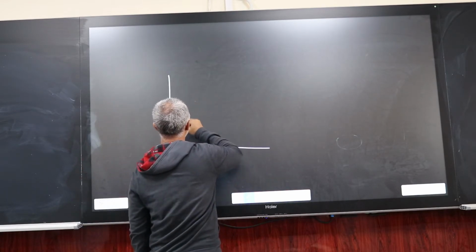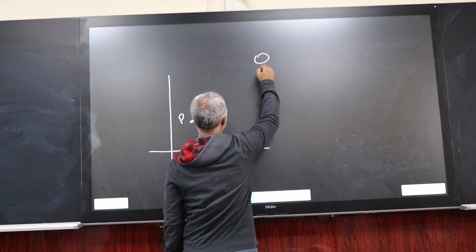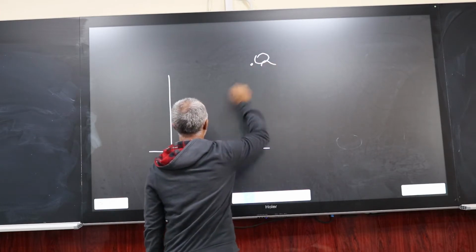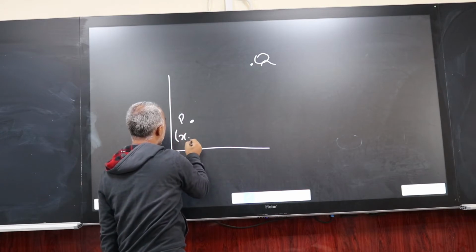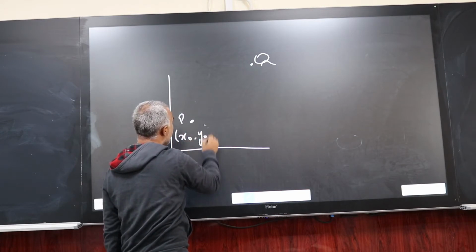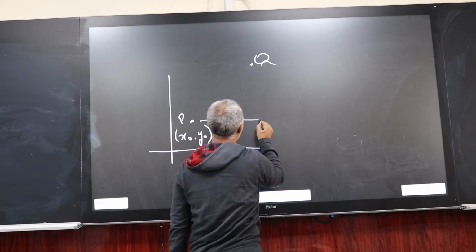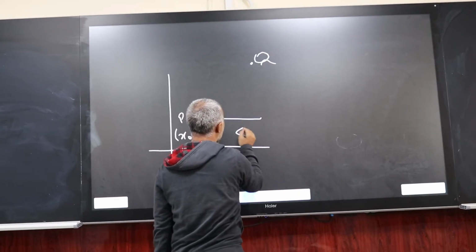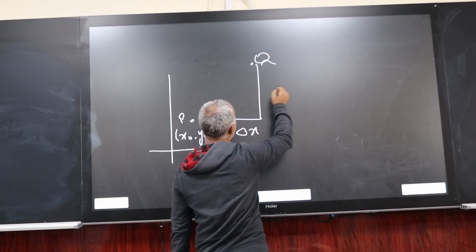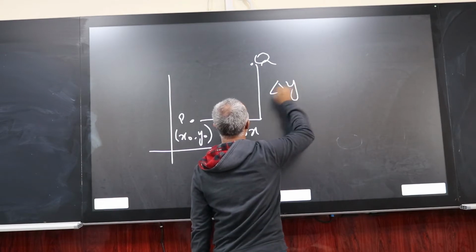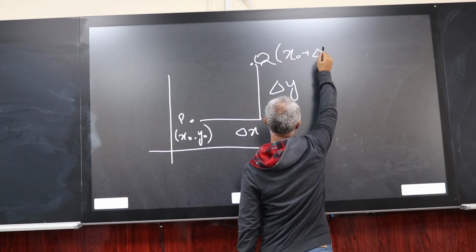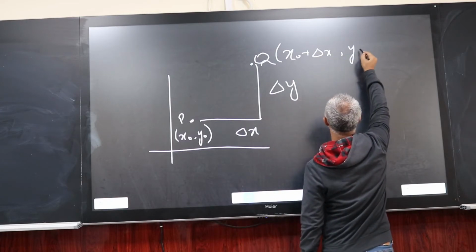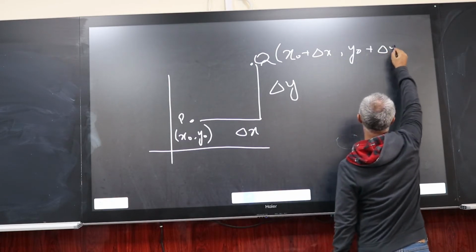Okay, let me give an example. There are 2 points, P and some point Q. Suppose point P is fixed at x naught, y naught, and Q changes along the x-axis by delta x, and similarly some change along the y-axis, delta y. So you will get a new point, x naught plus delta x, y naught plus delta y.